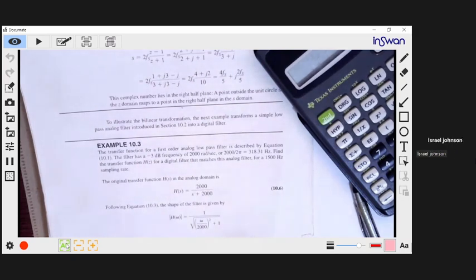I know that's the magnitude of something. I know it's not the transfer function because I see it's H of omega, something different.